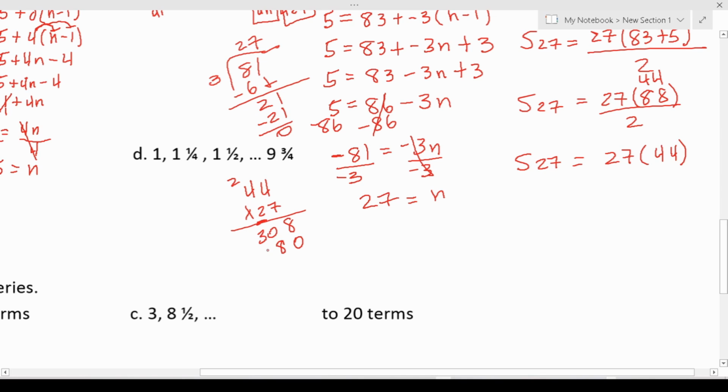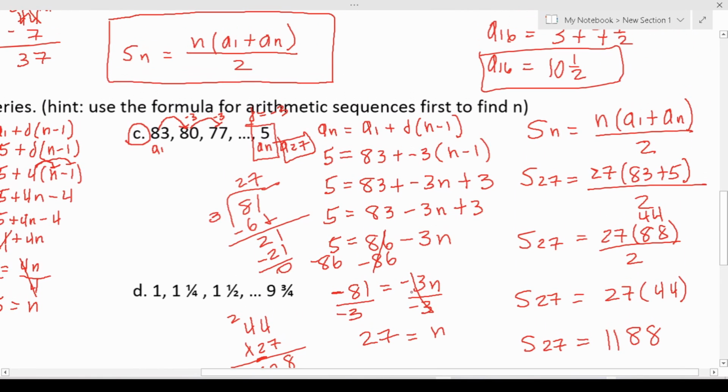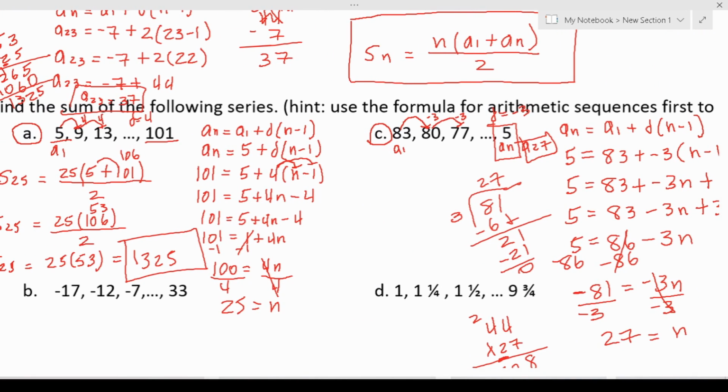And then 2 times 4 is 8. Let's add. 8 plus 0 is 8. 0 plus 8 is 8. 3 plus 8, 8, 9, 10, 11. So we can see the sum of the 27 terms in this sequence or series is 1188.